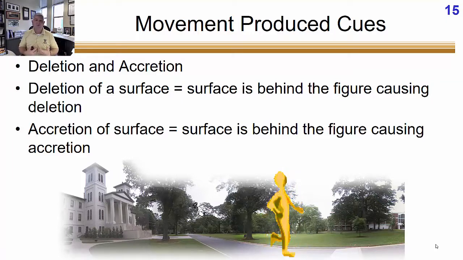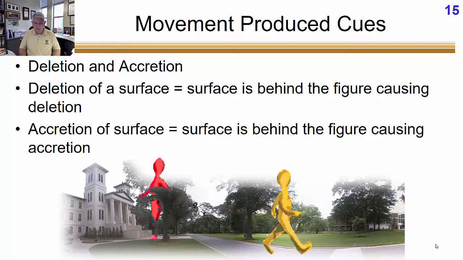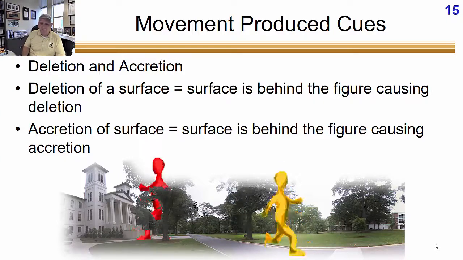So accretion and deletion is basically occlusion with movement, right? And if we come in and put another giant red person over here, we can tell that that giant red person is behind the tree, but in front of Old Main, right, because of the accretion and deletion.